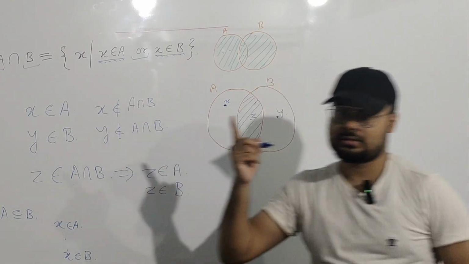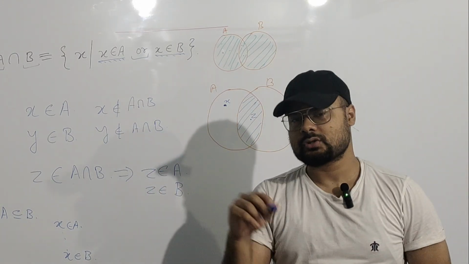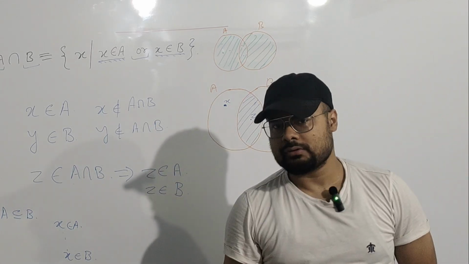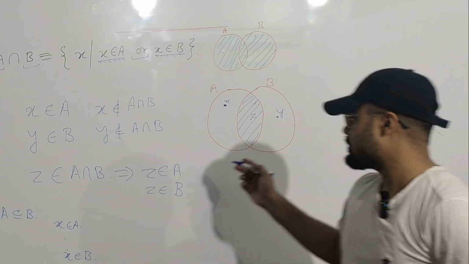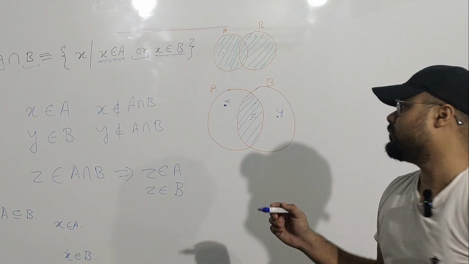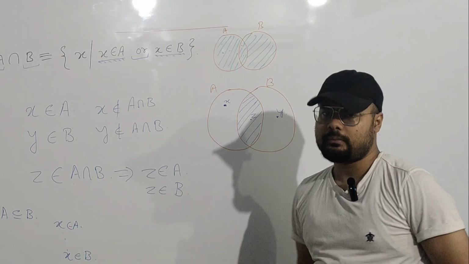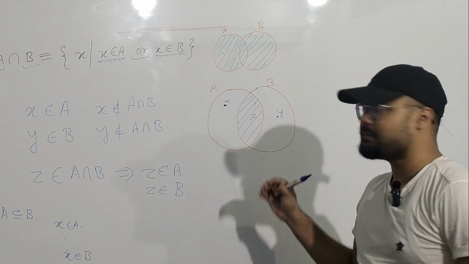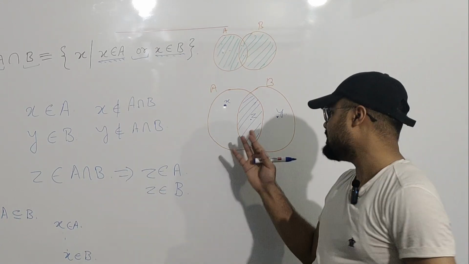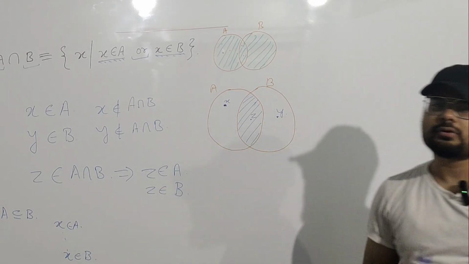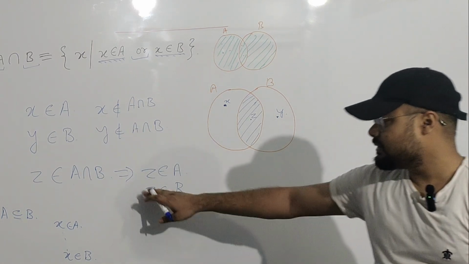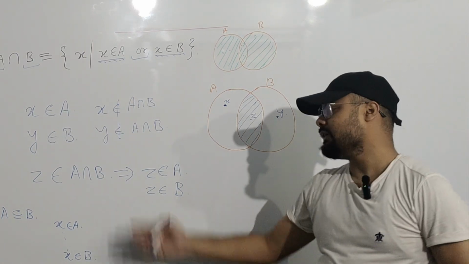Likewise in the union case, A is a subset of A union B and B is a subset of A union B. So these are the two ways to deal with set problems. You can either look from the Venn diagram, which is a pictorial representation, and this will make it very easy. I have already told you that using the Venn diagram it is obvious. And this is also another method, because this is the inference method.